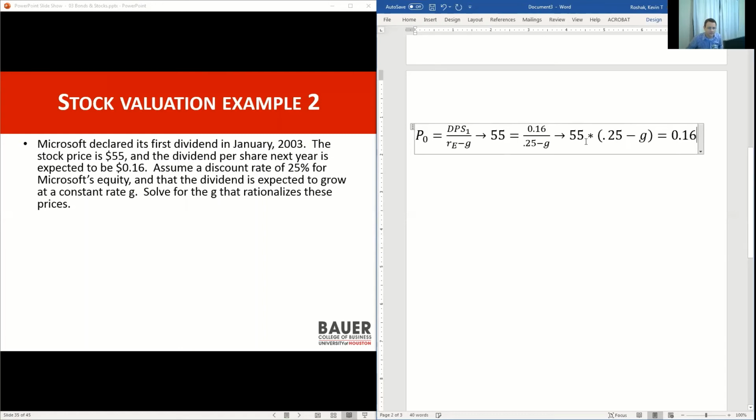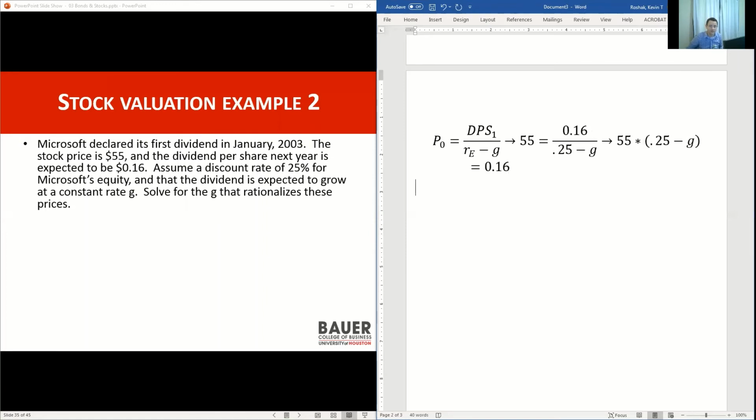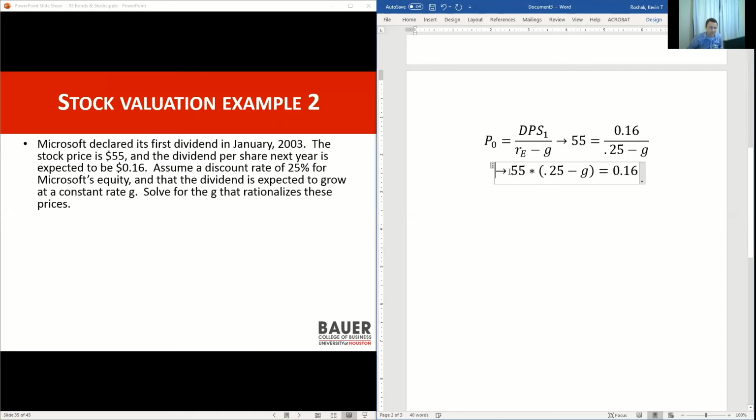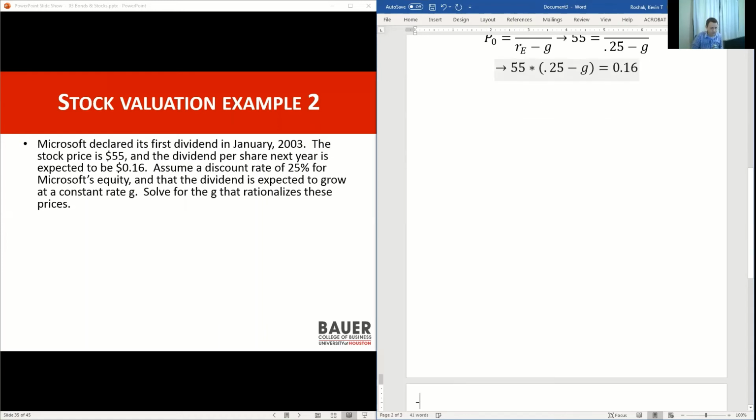That leaves us 55 times (0.25 minus G) is equal to 0.16. Next, I want to get the G term by itself. So I want to get rid of that 55 term. I want to try to get the G by itself.